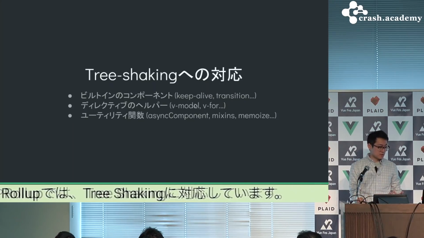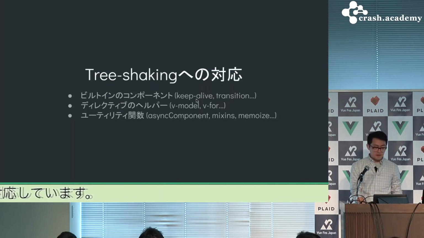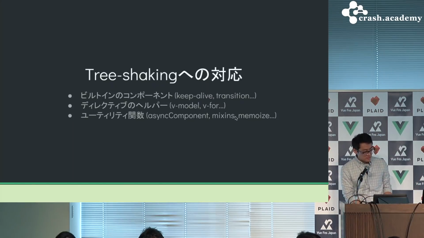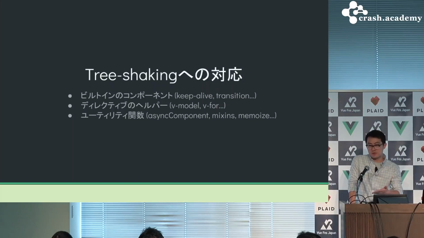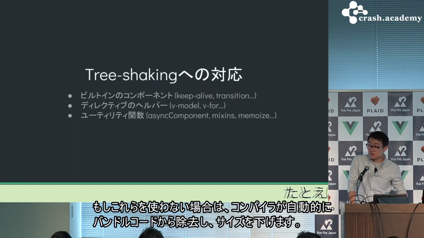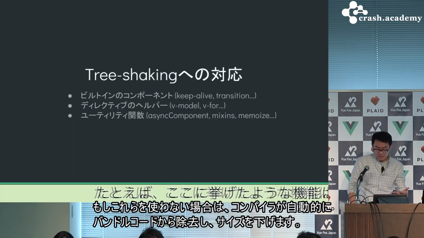Some examples are features like KeepAlive, Transition, v-model, v-for, async components, mixins, and memoizing. A lot of these features are optional. So if you did not use them, the compiler will not import them, and then they will not be included in the code you ship to your users.